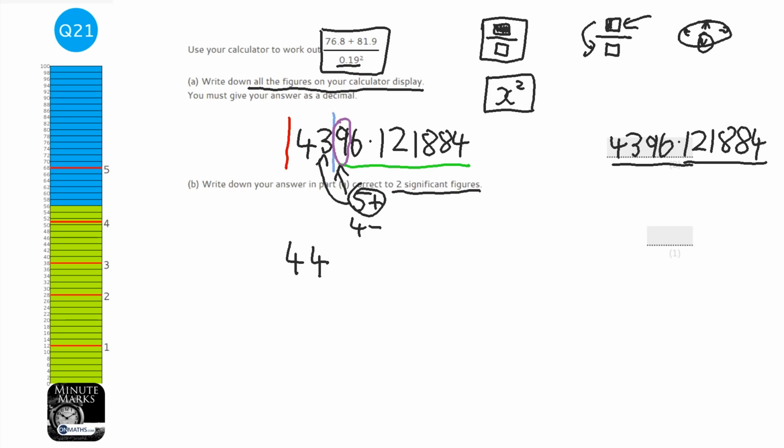They turn to 0. Now, if you have a number 4,396.121884 written down, and someone says, "Can you tell me roughly how much that is?" Then if you say the answer of 44, that's not roughly 44. It's nowhere near 44. So the 9 and the 6 will turn to 0.